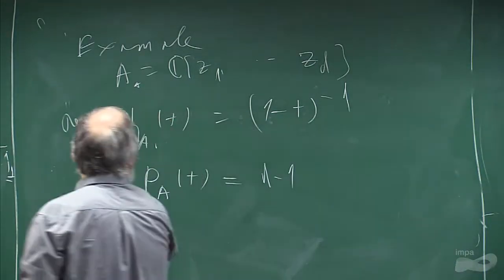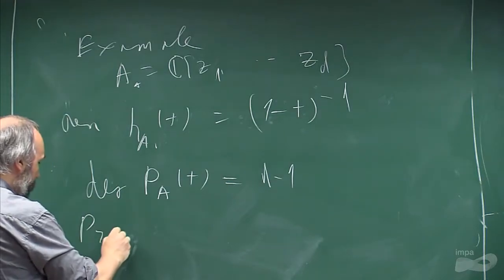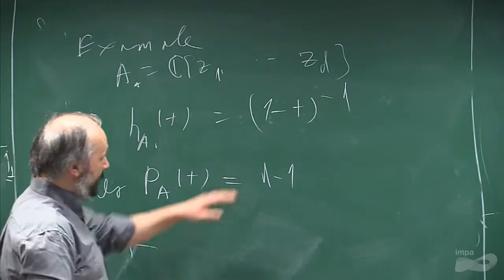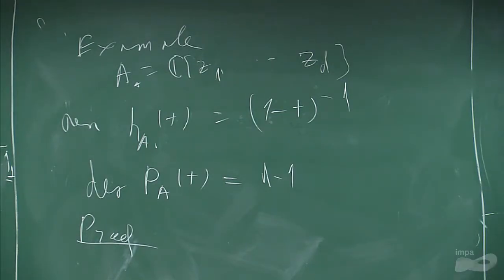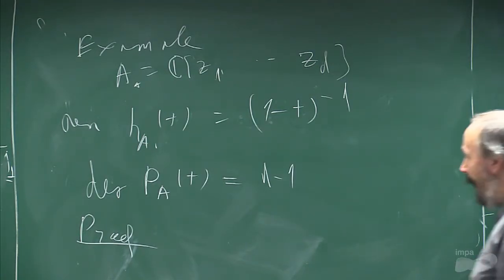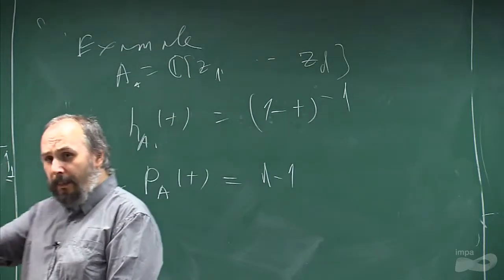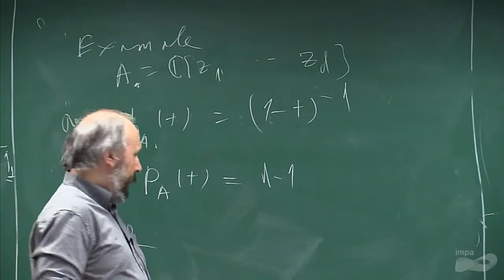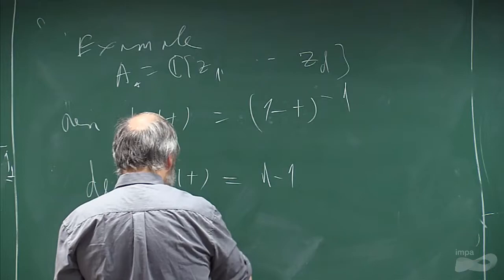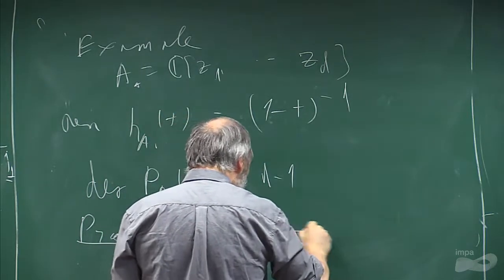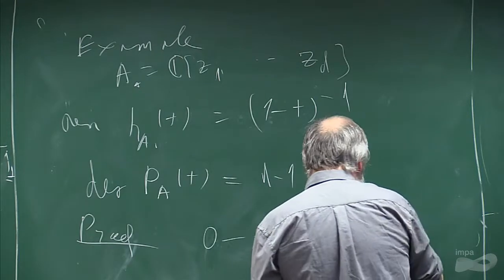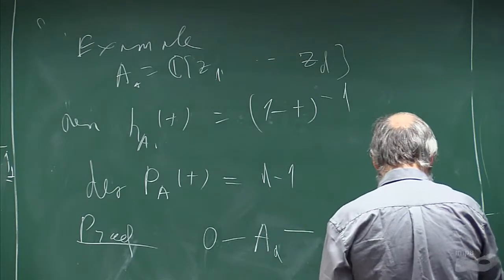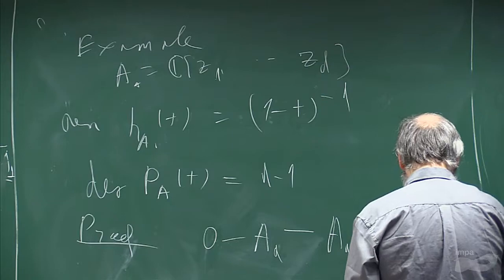So we need only to show the first. For that, we just write the exact sequence in that particular case, and we realize that when we multiply by x, there is no kernel. So you have A_0 goes to A_1, goes to A_d, goes to A_(d+1), and then you have the cokernel, C_(d+1).